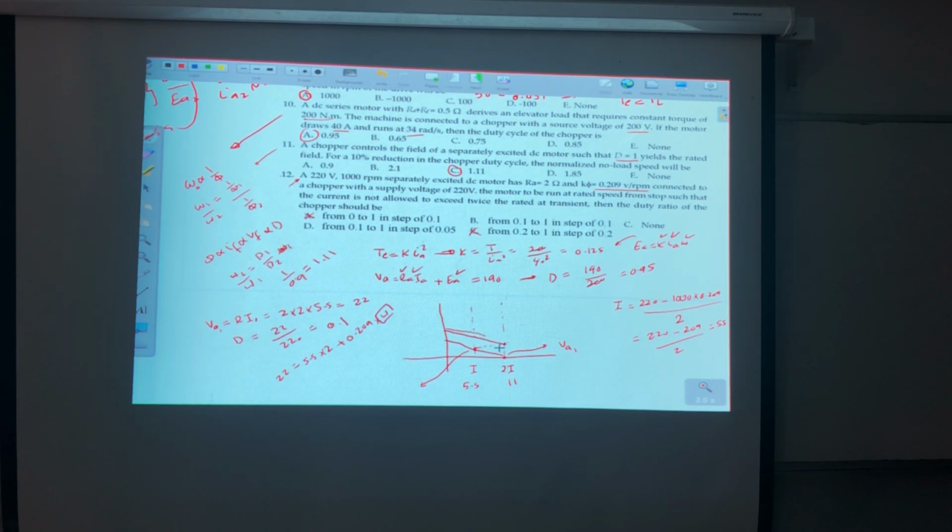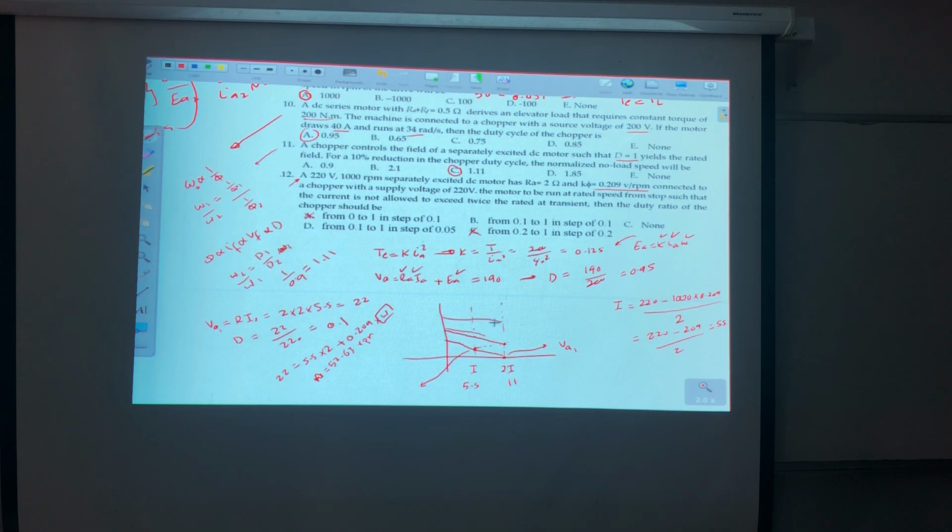If I do the math, omega will equal 52.63, because this will be in volt per RPM. So let's take n here. So n will equal 52.63 RPM.